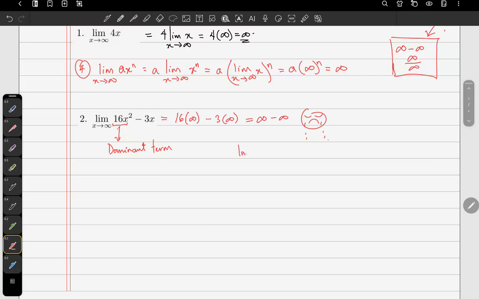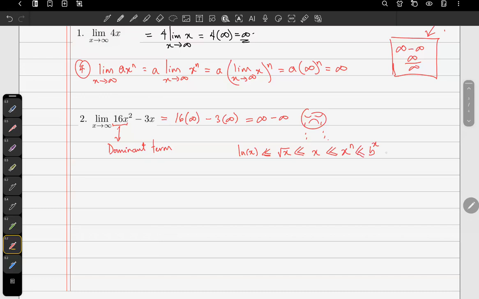We have natural log of x, which grows much slower than square root of x, which grows slower than x, which grows slower than any positive power of x, and this grows slower than exponential functions, and this grows slower than factorials.